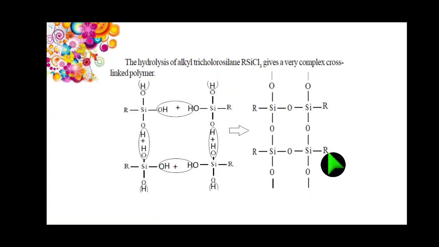So we can get cross-link polymer. The hydrolysis of alkyl trichlorosilane gives a very complex cross-link polymer like this.